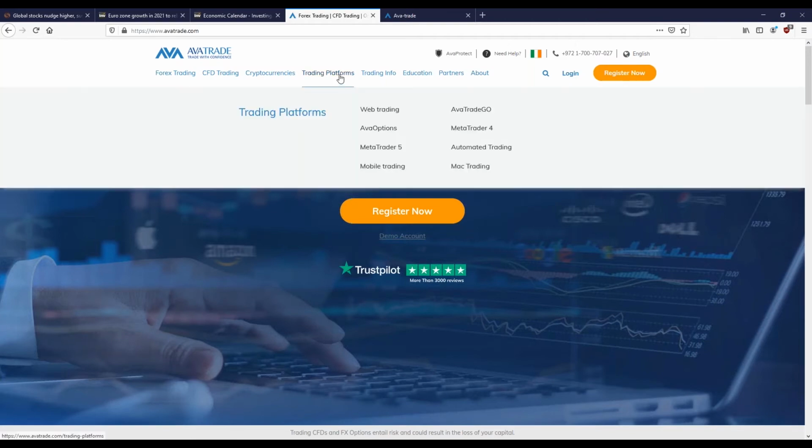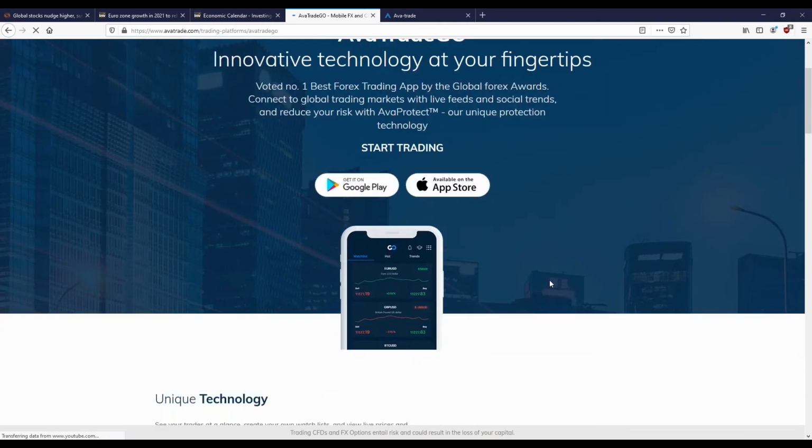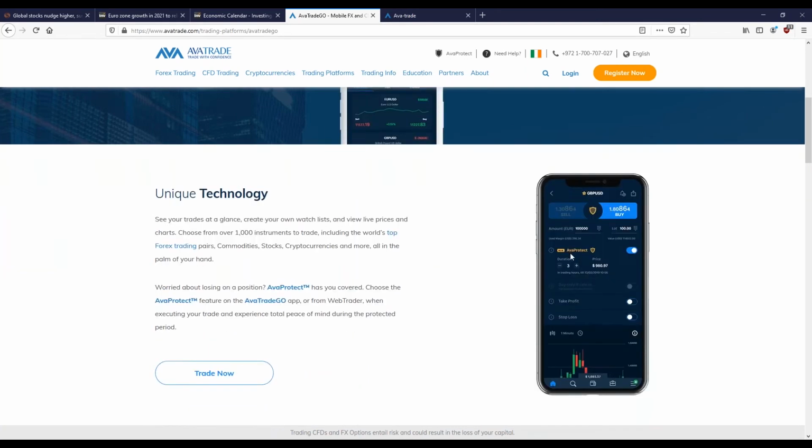In terms of our trading platforms, if you go to AvaTrade Go, this is our mobile app that we've built ourselves, and it has some advanced features, especially in the order window. I spoke about Ava Protect. Gold, silver, and FX pairings allow you to protect your trades for a small premium cost.